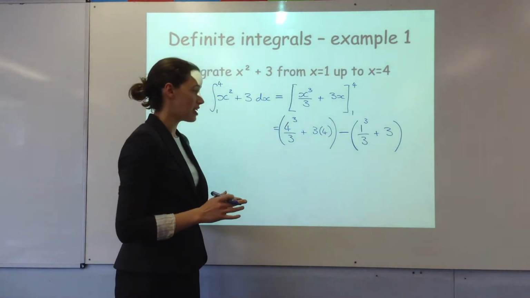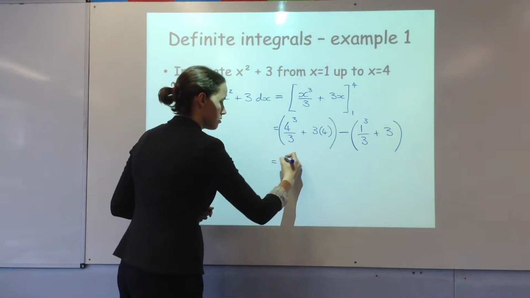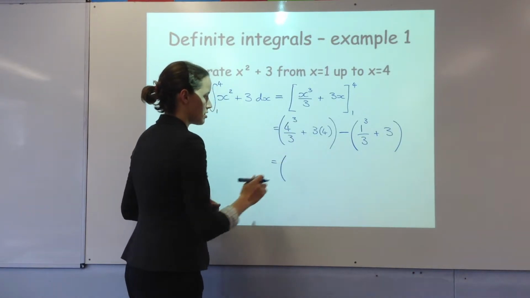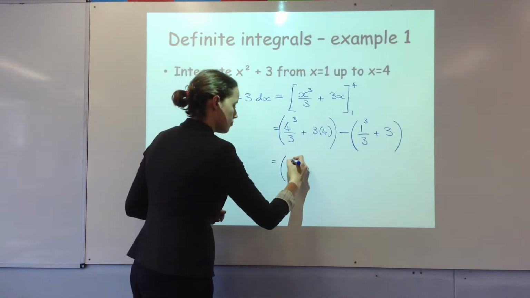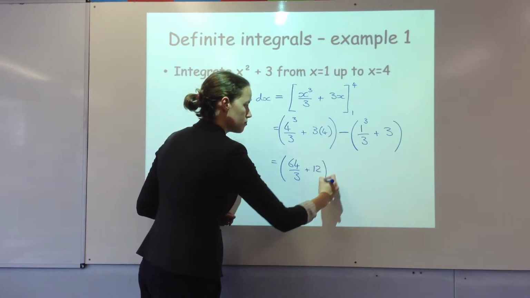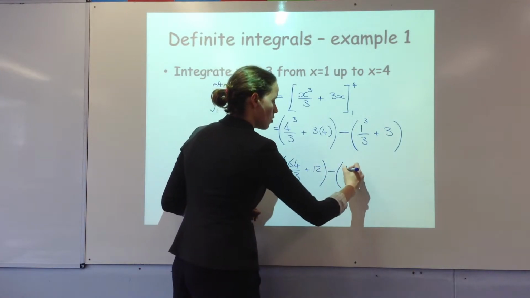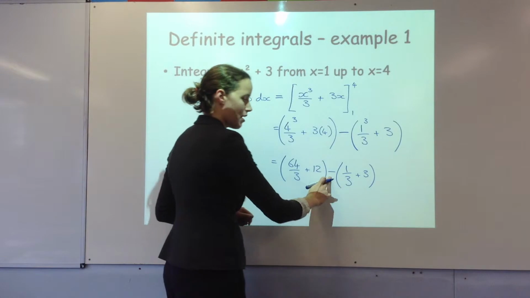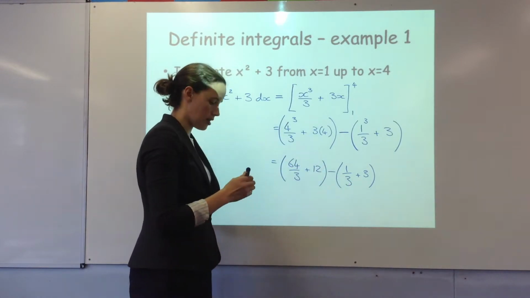Okay, I can sort this out a little bit first. So what we're going to have here is 4 to the power of 3. 4 times 4 is 16, times by 4 again is 64 over 3 plus 12 minus 1 over 3 plus 3. You'll see that it's everything in this last bracket which is going to be minused.